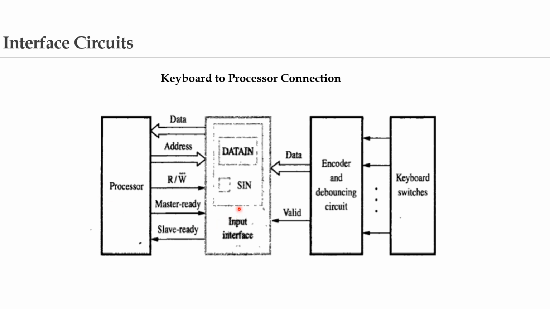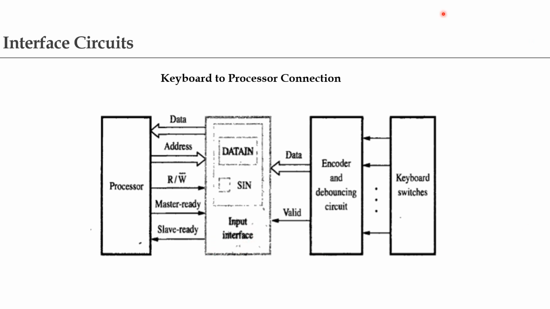The connection between a keyboard and processor involves a sequence of steps for transmitting a keystroke as data from the keyboard to the processor. The processor reads these inputs, interprets them, and acts accordingly. Steps in keyboard to processor communication involve many steps. Key press detection.